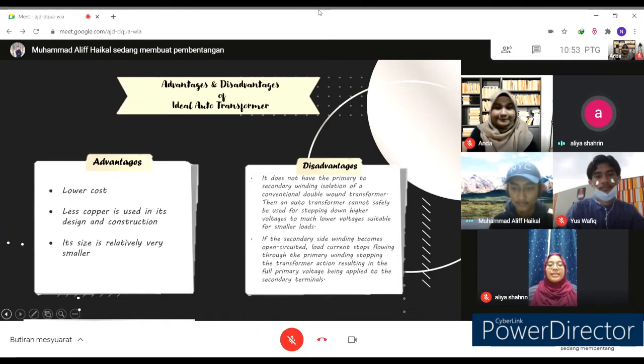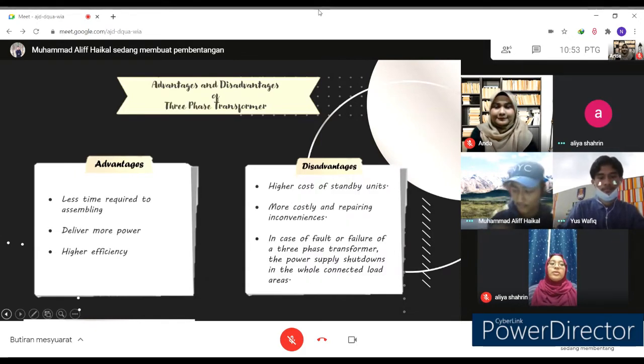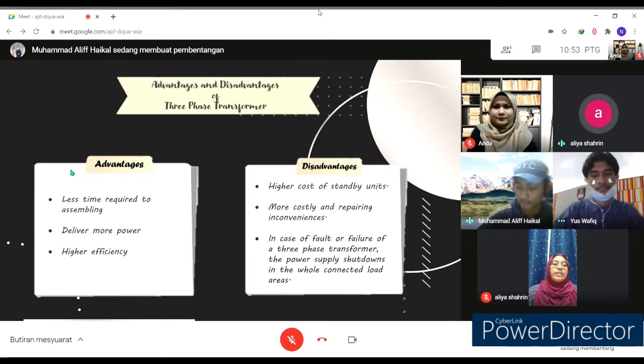Next. So these are the advantages and disadvantages of the three-phase transformer. The advantages are that it requires less time to assemble the components and it delivers more power. It has very high efficiency.